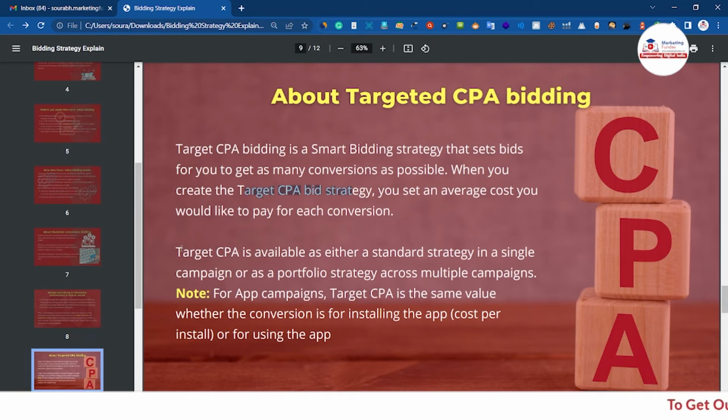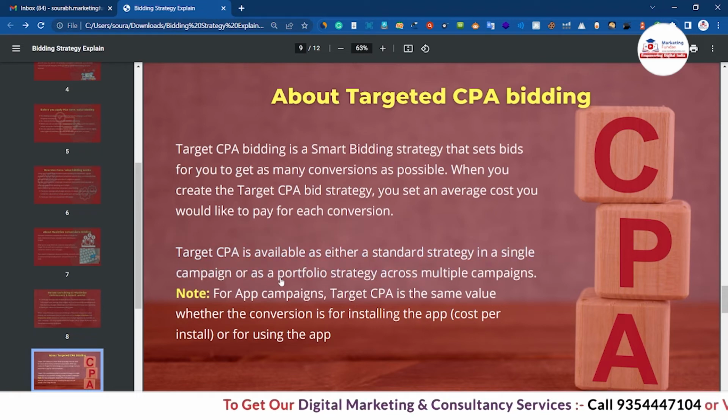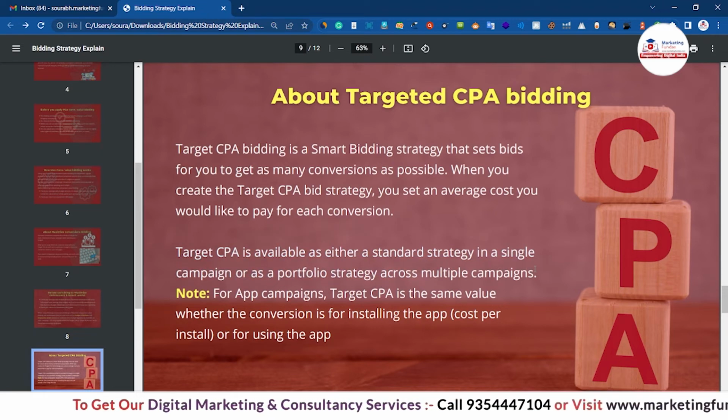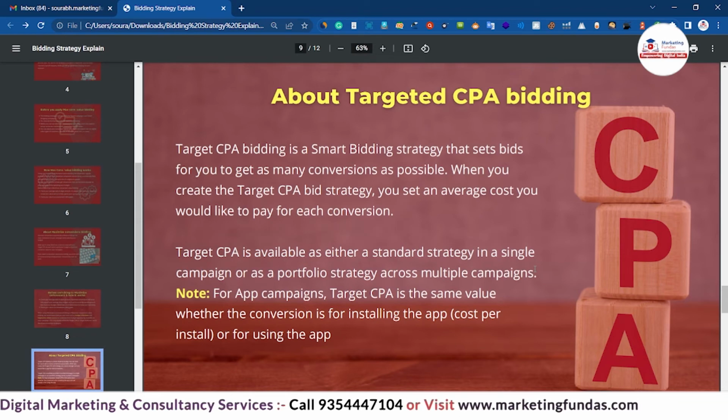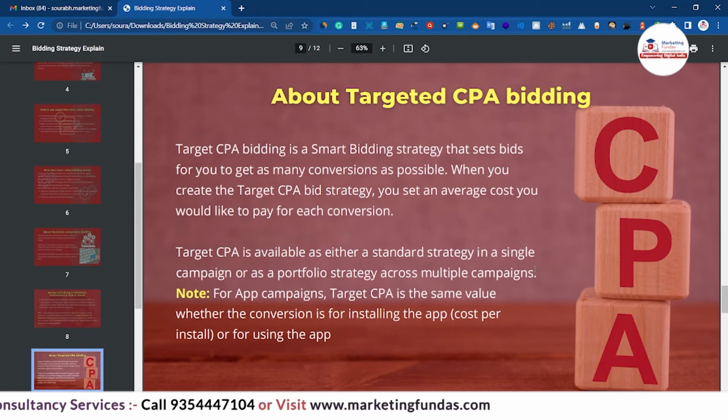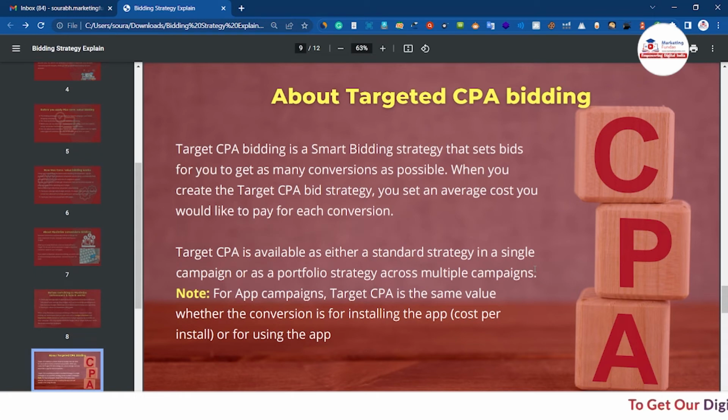Now, target CPA is available either as a standard strategy in a single campaign or as a portfolio strategy across multiple campaigns. So you can use this target CPA bidding strategy in a single campaign, or you can use it across your campaigns, meaning across your portfolio.